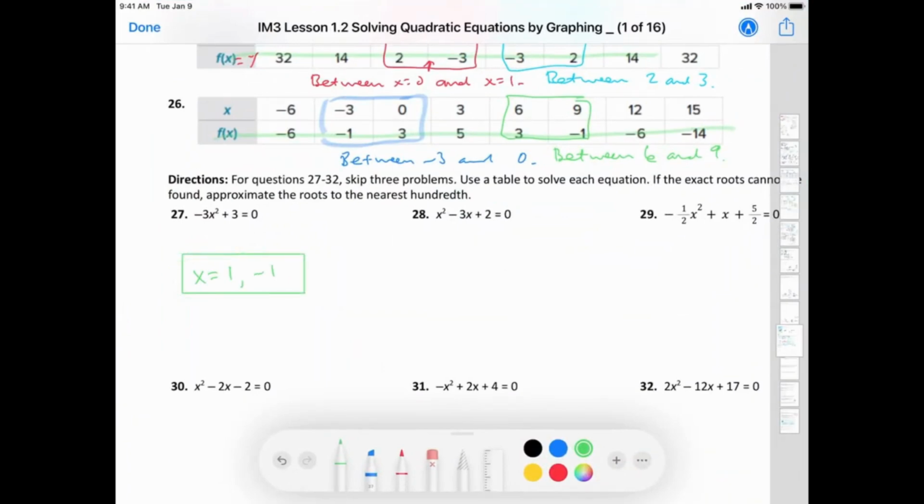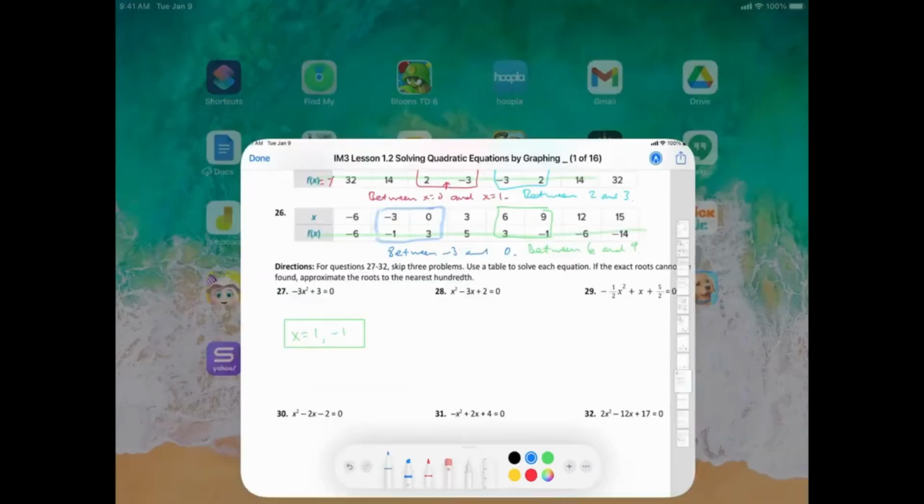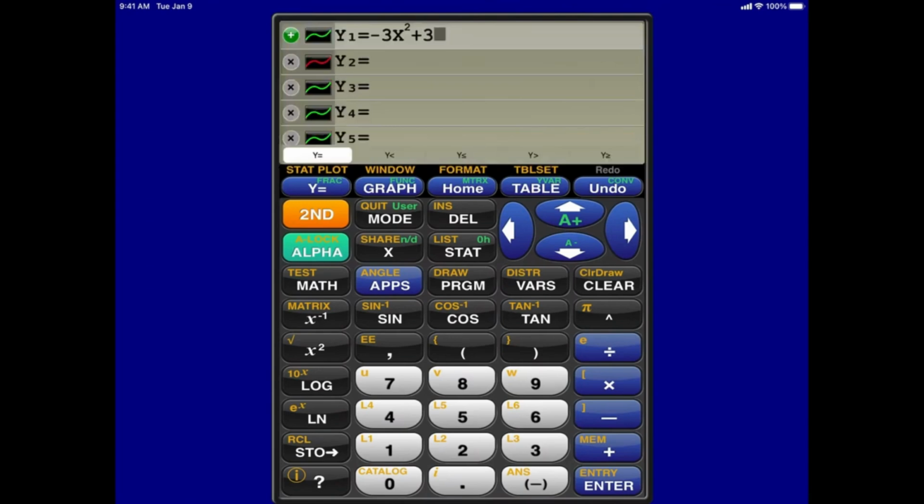Okay, let's go ahead and try number 28. So let's go back to our calculator. Y equals, clear it out, x squared minus 3x. So again, if you get an error mistake, sometimes that's a negative sign.